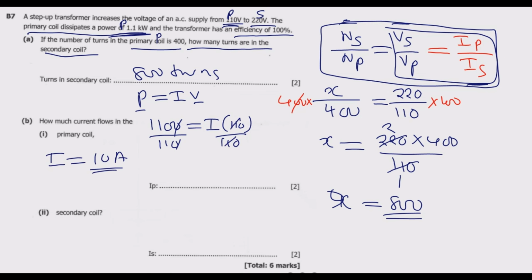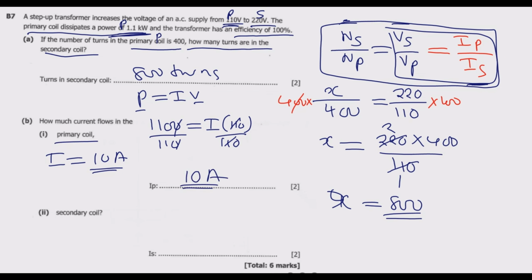So if you know the current in the primary coil, we can easily find the current in the secondary coil. In the primary coil, we know it is 10 amps.